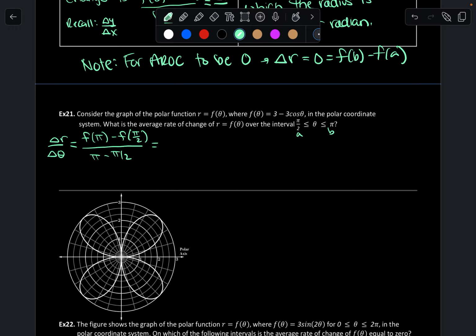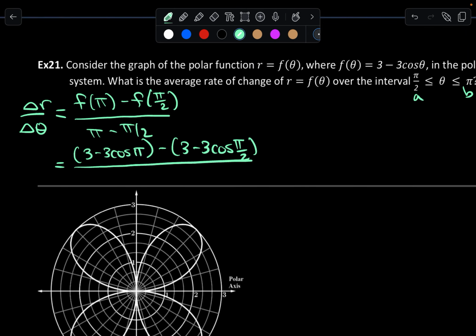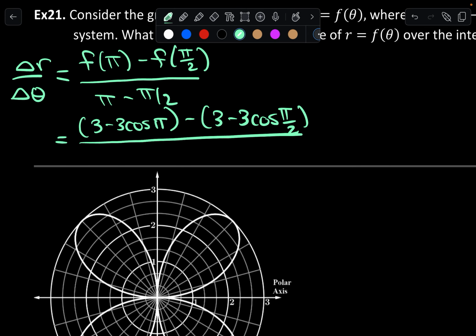All right, so if we plug in, I'm going to work vertically here. F of pi, we will have 3 minus 3 cosine pi, so just plug it into the expression, minus 3 minus 3 cosine pi over 2. And then in the denominator, we have pi minus pi over 2. That's essentially 1 minus 1/2, so we end up with pi over 2.